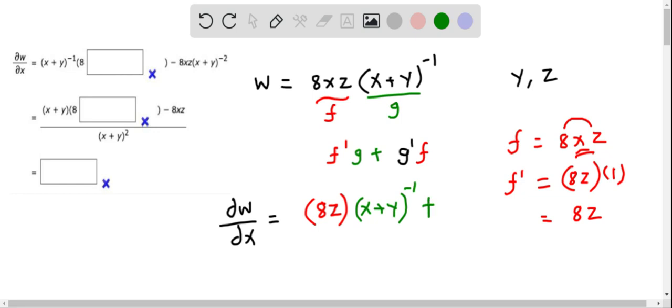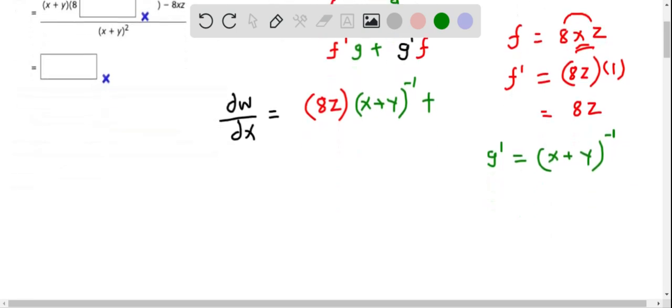We then find g prime, that is the partial derivative of (x plus y) raised to the power of minus 1. So let's do that here. I'm going to write g prime equals (x plus y) raised to the power of minus 1. We find the partial derivative of g with respect to x. We can use the power rule here.